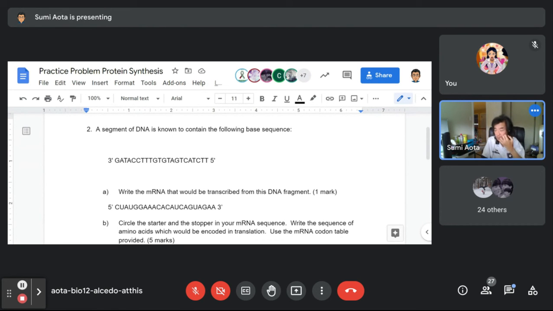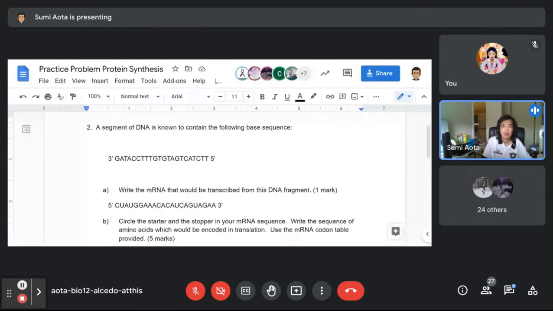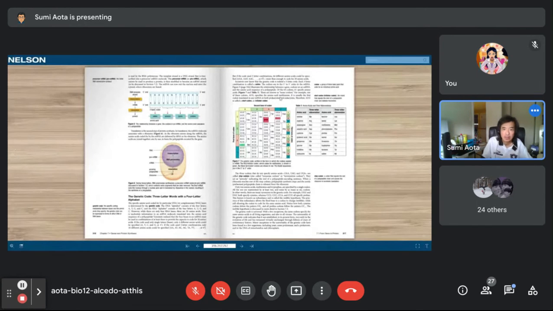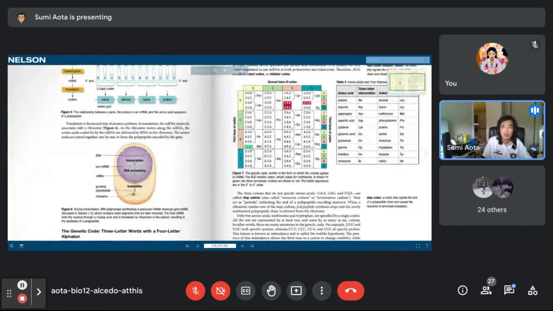Now, the next thing it says is circle the starter. Well, if we look at the mRNA codon table, the starter, most of the time I said, was AUG, so methionine.